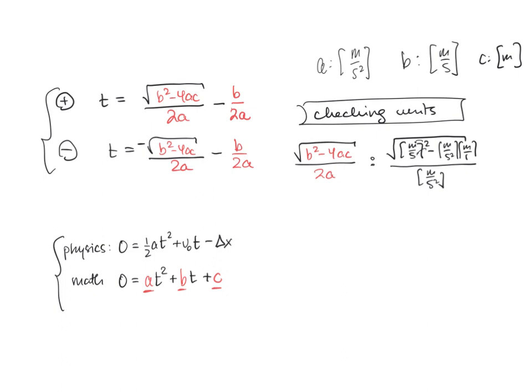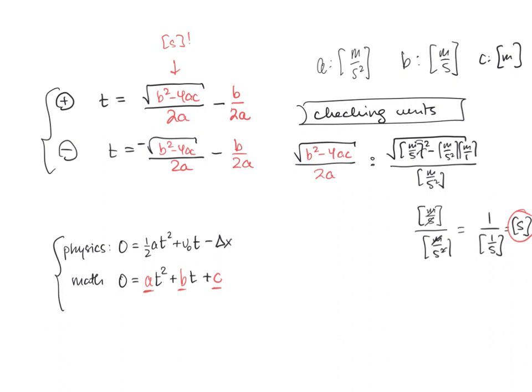So when I take the square root, the numerator is meters per second, and it's all divided by meters per second squared. The meters cancel, one of the seconds cancels, so this is the same thing as 1 divided by 1 over seconds, which means your seconds flips up into the numerator, and that is indeed a time. So this whole term has units of seconds, which is good, yay.